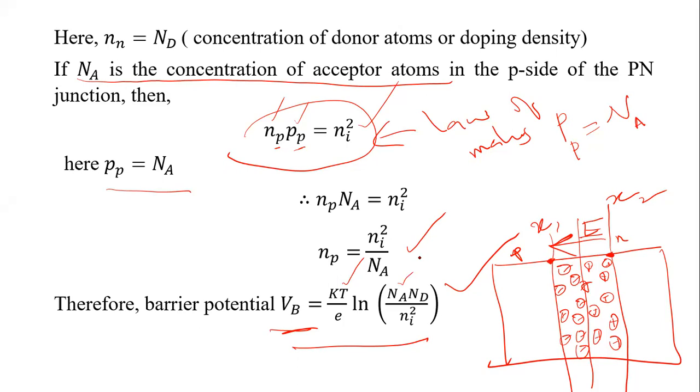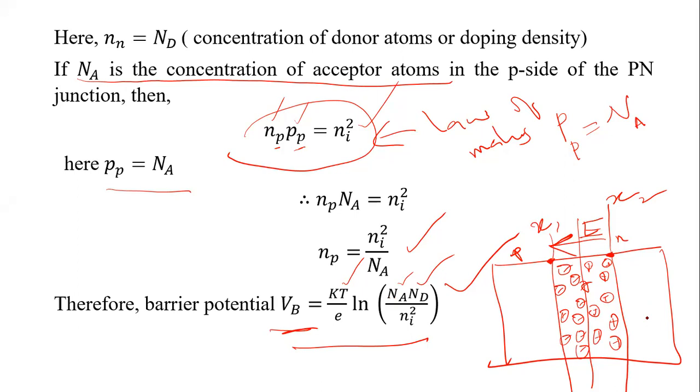How many p-type dopant, or how many trivalent atoms are doped per unit volume. This is acceptor atoms concentration, that is, the number of acceptor atoms, number of trivalent atoms per unit volume. This is the number of donor atoms per unit volume. How many pentavalent atoms are doped per unit volume.